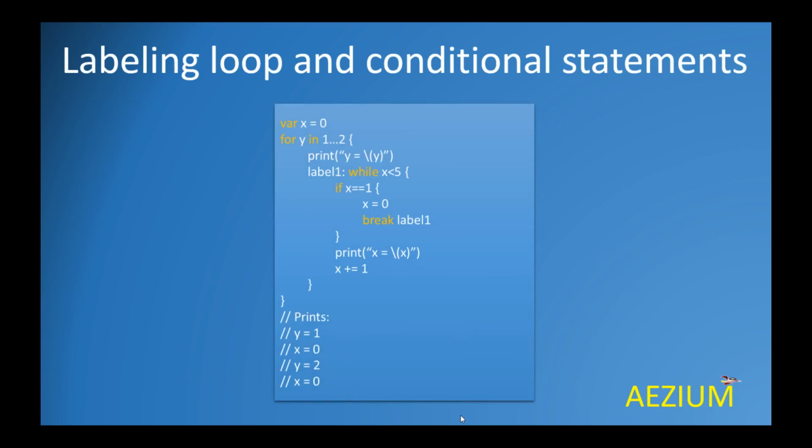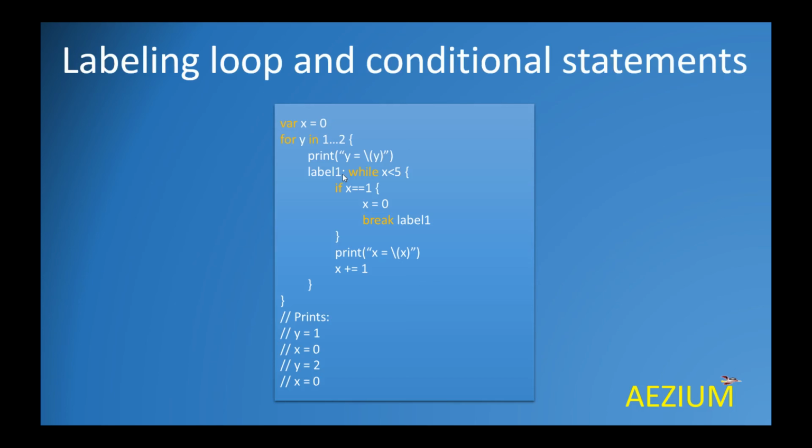Here's a simple example where we have a for-in loop, and within that loop we have a while loop. The while loop is labeled by this thing called label 1. A label could be anything. I've chosen label 1 here, and the syntax is we enter the label before the loop statement or before the conditional statement, and we separate the two by a colon.